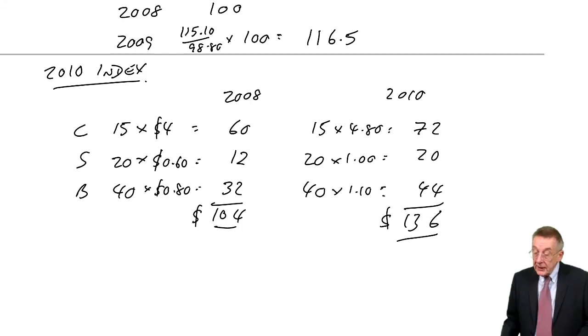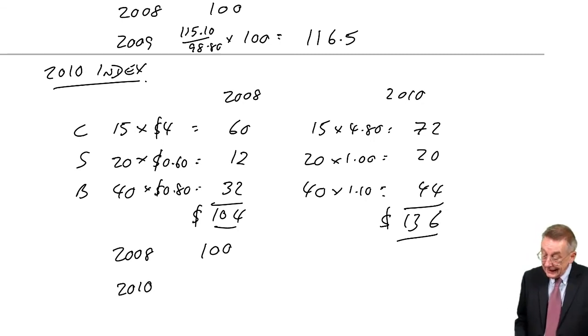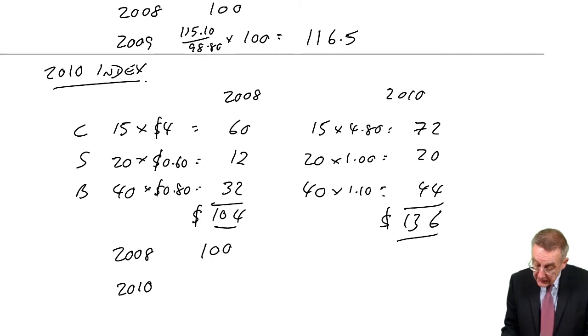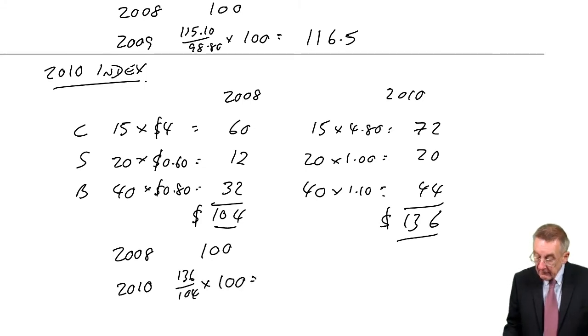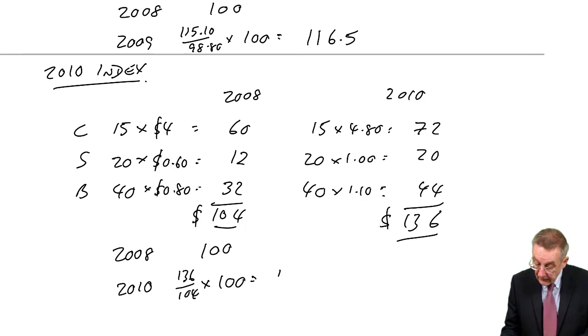So what's the index number going to be for 2010? 2008, remember, is the base, is 100. For 2010, 104 goes up to 136. The index number would be 130.8.